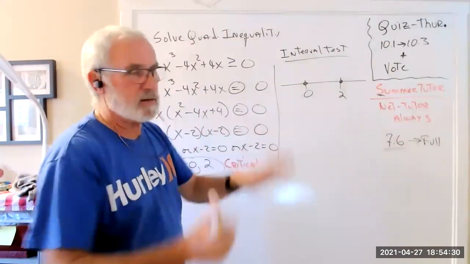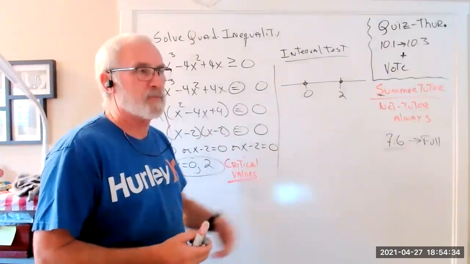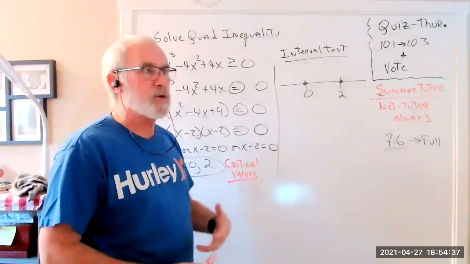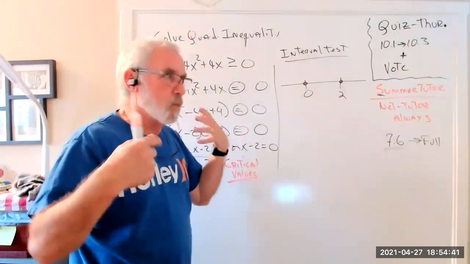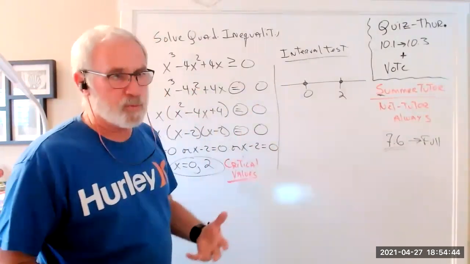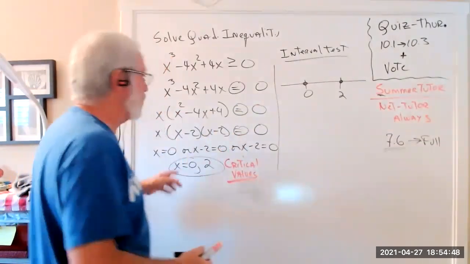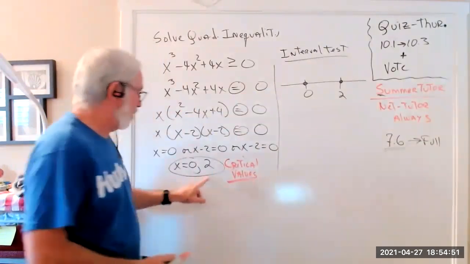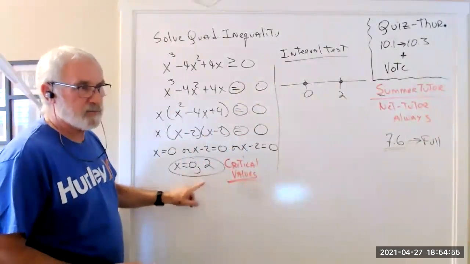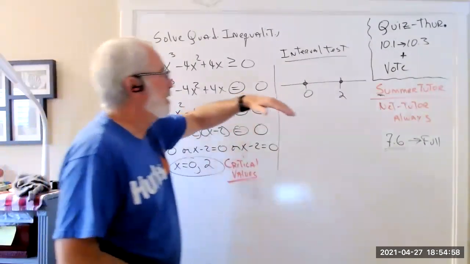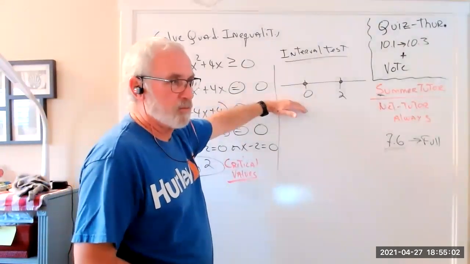Many people, several people got it right, but many other people just had garbage or work that was inappropriate to the problem or to what I was looking for. So I'm showing you the correct way. Almost everybody got the correct critical values. Everybody got to here. But then what you did with them, this is where we fell apart. This is where I was looking at your work.